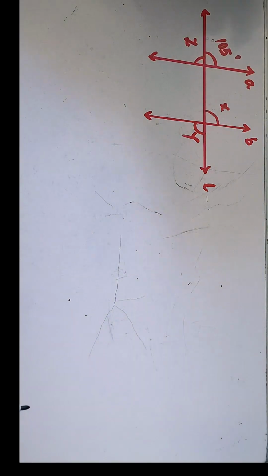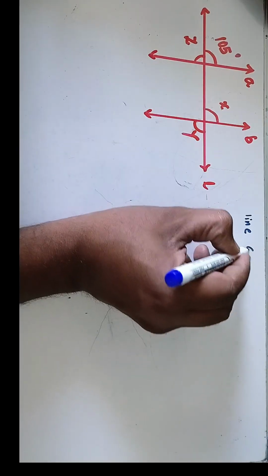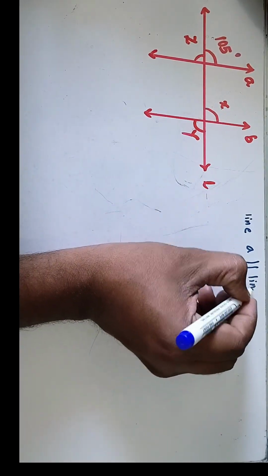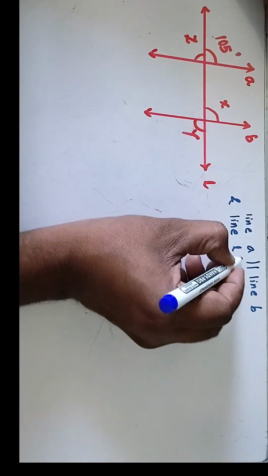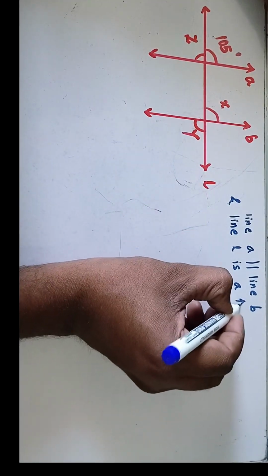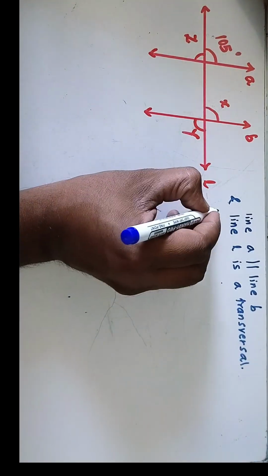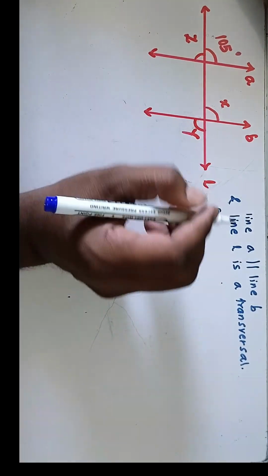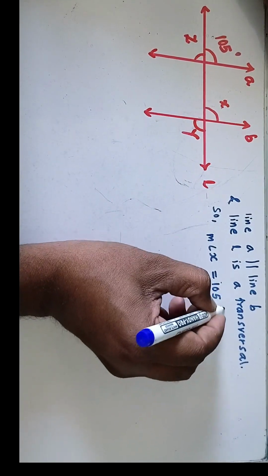So let's take out one more problem. As you can see, line A is parallel to line B, and line L is a transversal. So measure of angle X is equal to 105 degree.